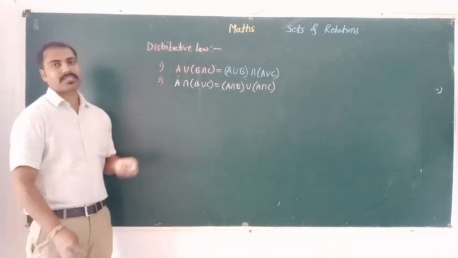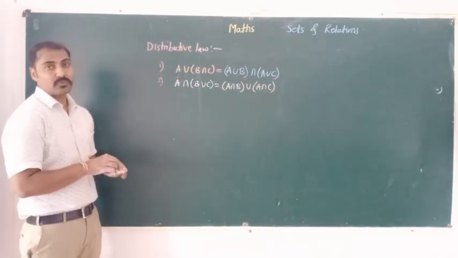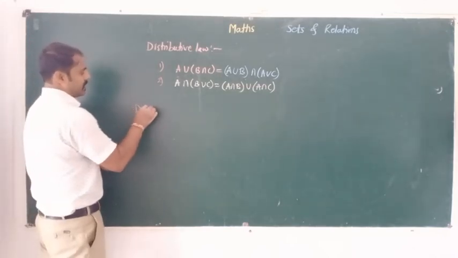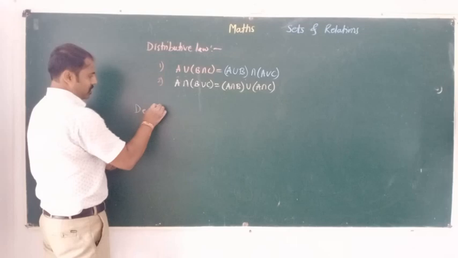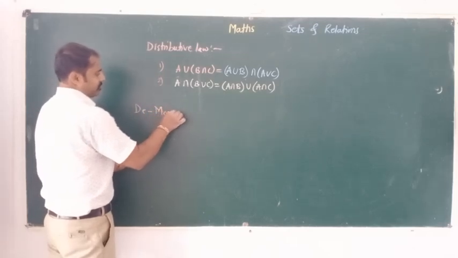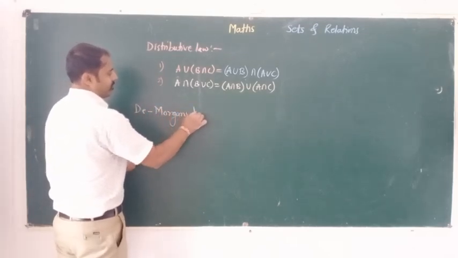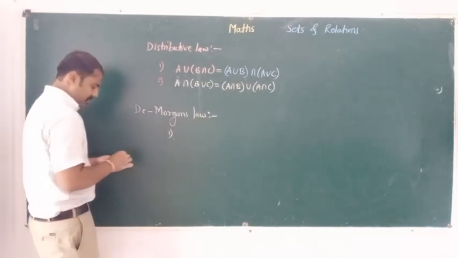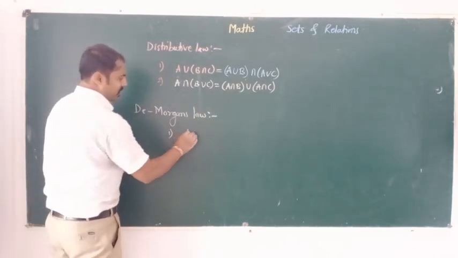These two laws are called the distributive law, and here is the last one, De Morgan's law. Only the statement is here. You have already learned about this.